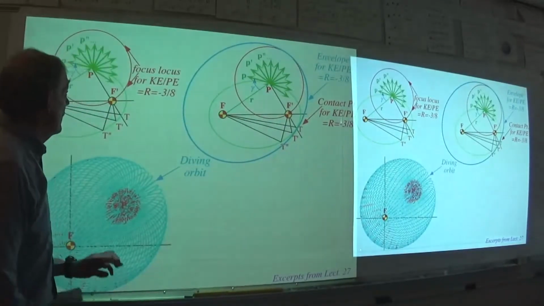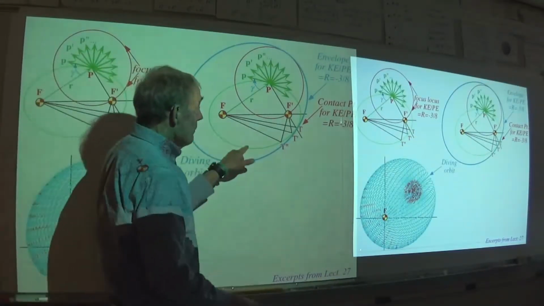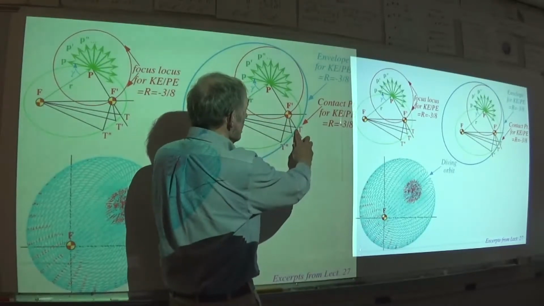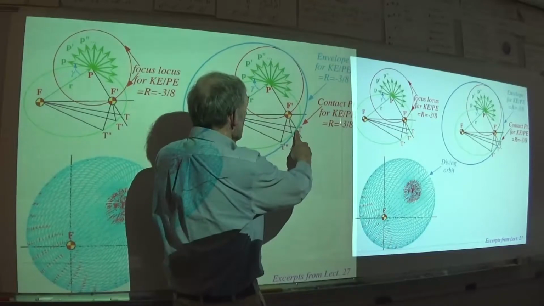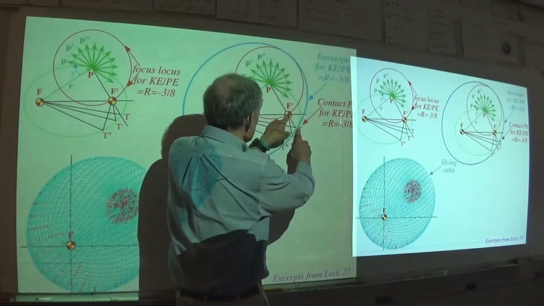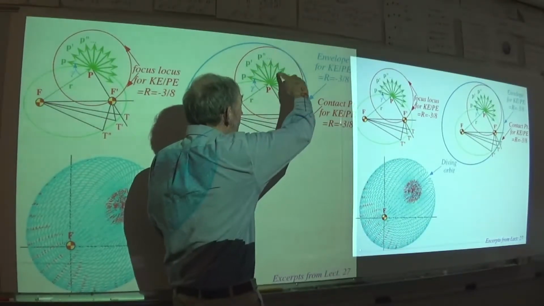But the basic idea here is, once again, a contact point occurs where you use from the center here, where you have both foci employed, but one of the foci is actually here for the envelope.